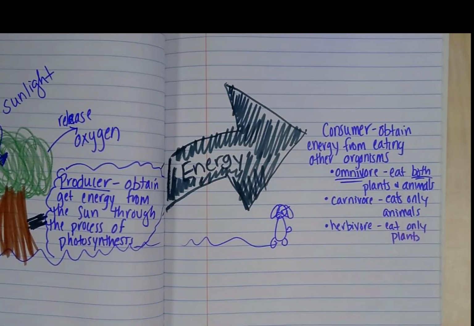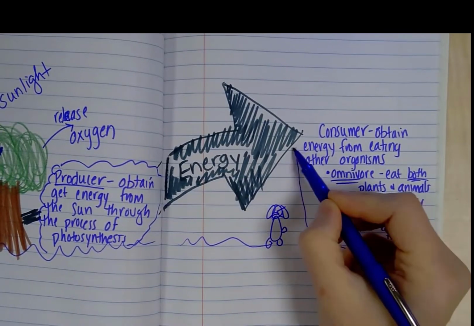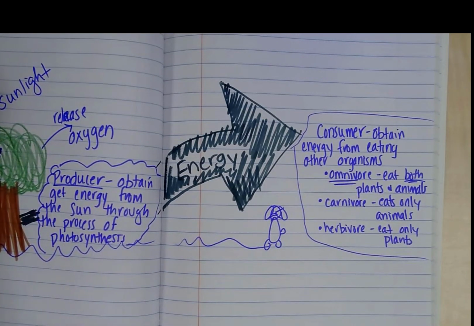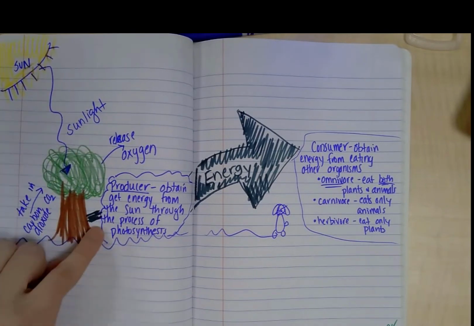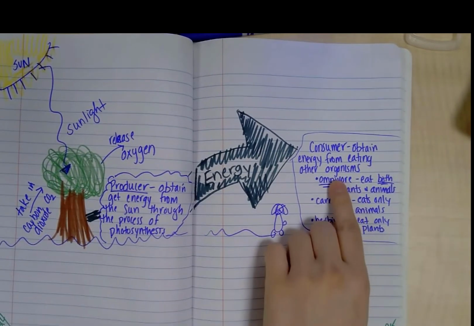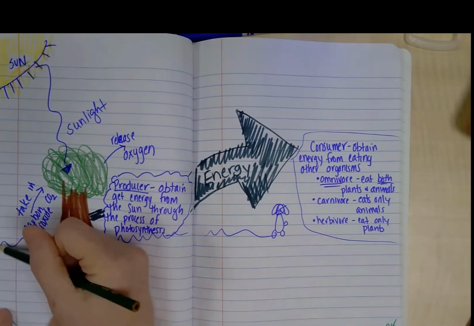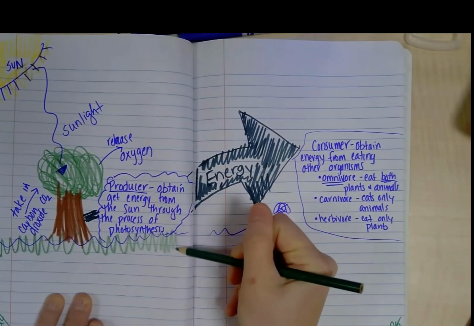So we've got 3 different types of consumers, and I'm just gonna kind of put this in a bubble just to make life a little easier for me. So energy starts with the sun, goes into the producer, then now goes into the consumer. Well, maybe I'll make my stuff look a little bit better. I'm gonna add in maybe some grass, because that could be a producer too.